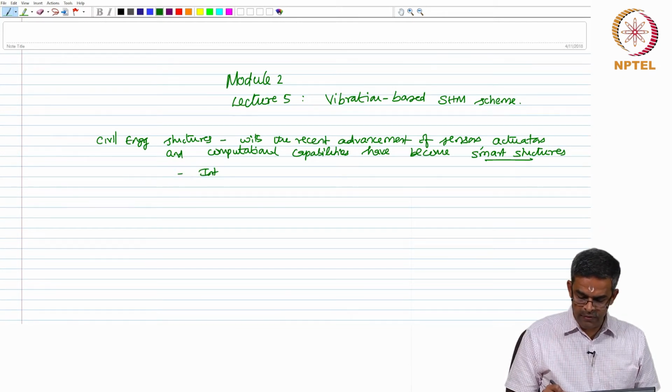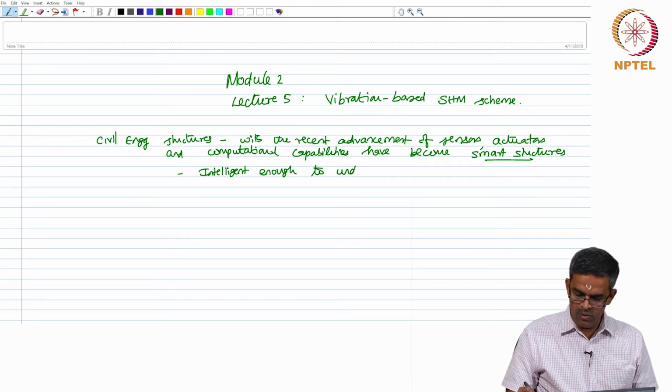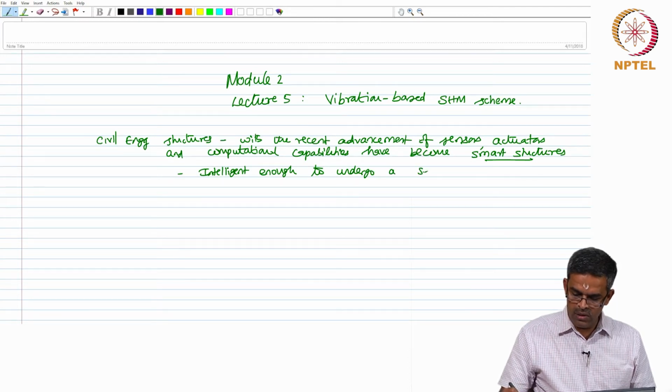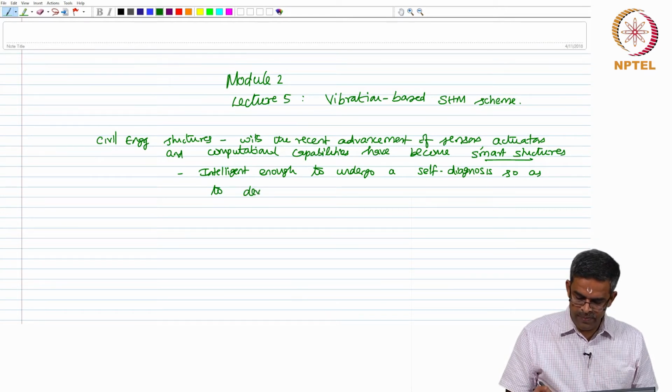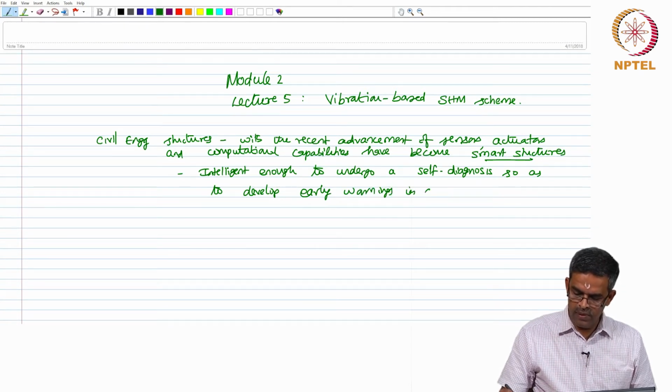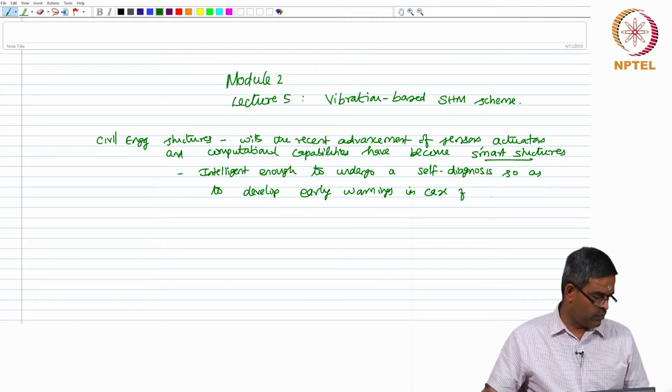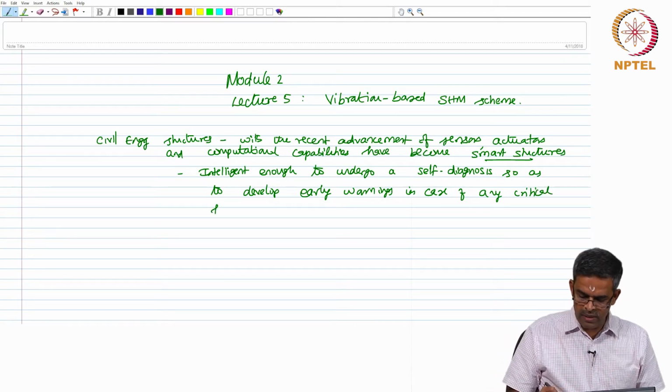They are intelligent enough to undergo a self diagnosis, so as to develop early warnings in case of any critical health state.